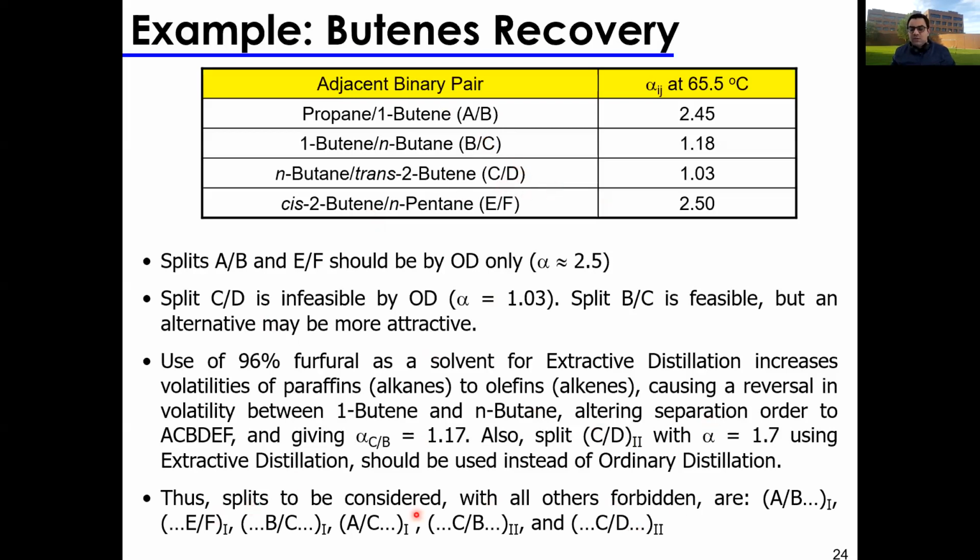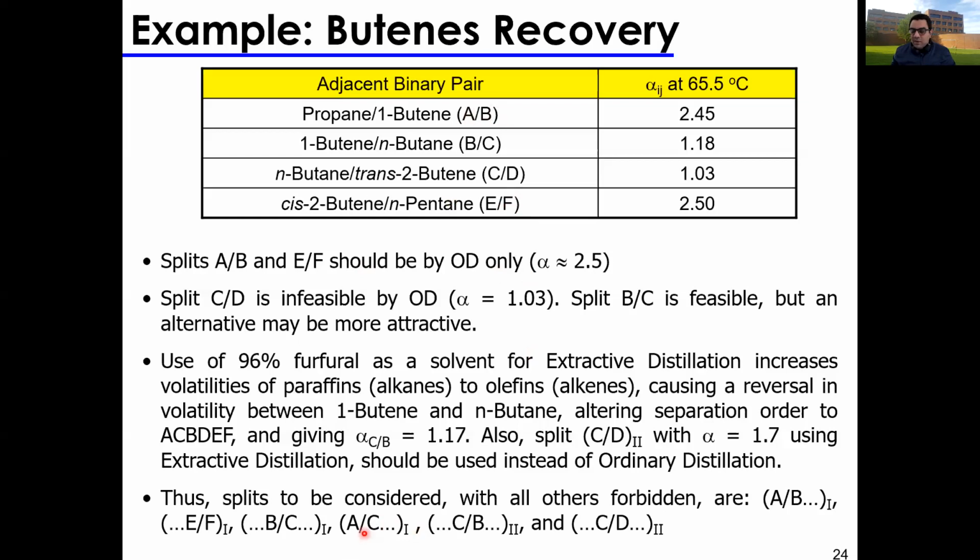If I consider these splits and forget about all the other splits, I'm not looking at any split which tries to do C and D using ordinary distillation. I'm not looking at any split which does not achieve E and F. I'm not looking at any split which does not achieve A and B, even though A and C is mentioned here, but this is sort of a weak argument for it.